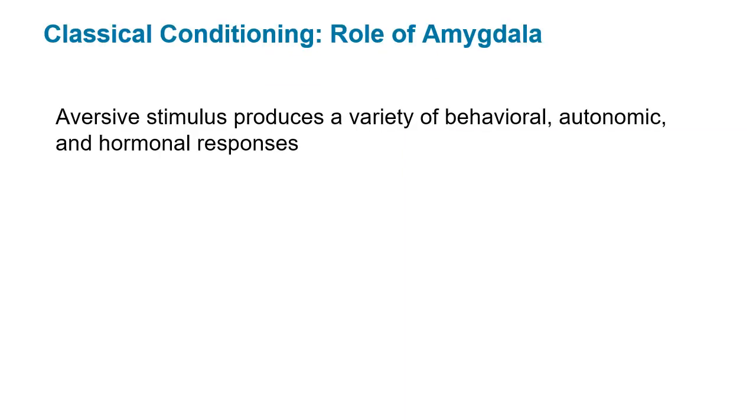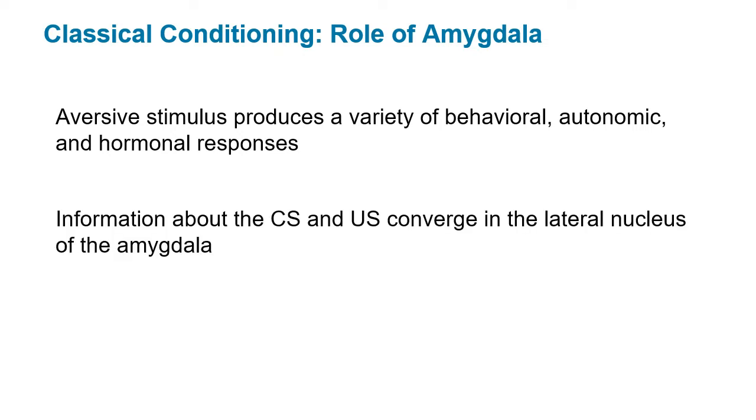As far as what is going on in the rest of the brain, the amygdala is important to classical conditioning, especially when we're talking about aversive stimuli, since aversive stimuli produce a variety of effects. Pairing something with these aversive stimuli basically strengthens connections in the amygdala.